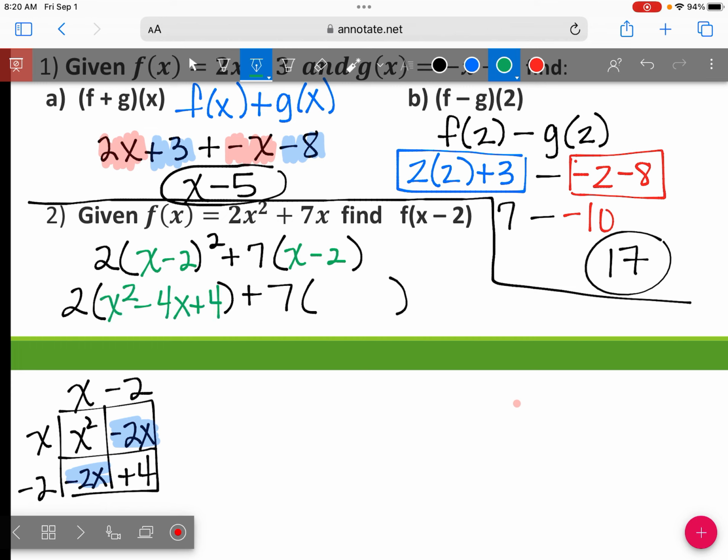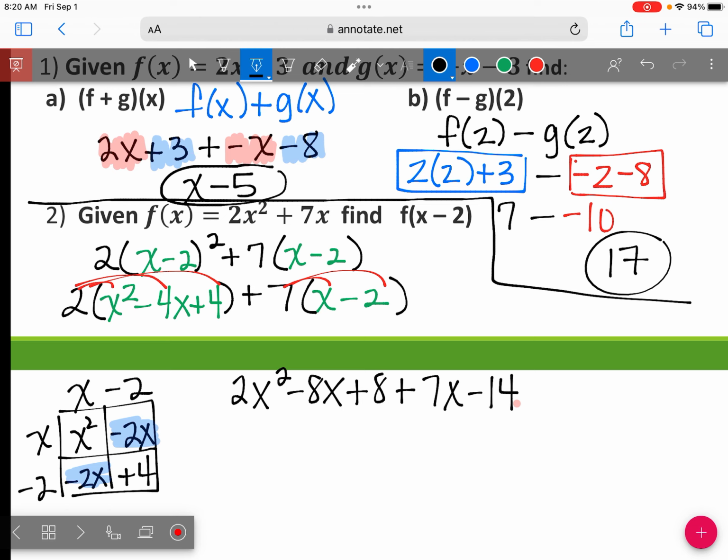You're going to distribute 2, distribute 7. So that will give you 2x squared minus 8x plus 8 plus 7x minus 14.